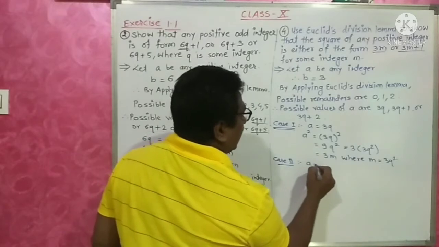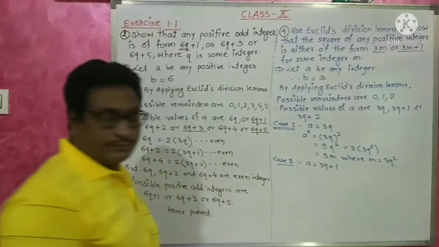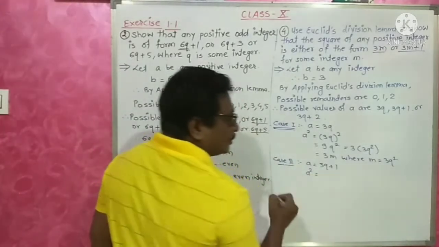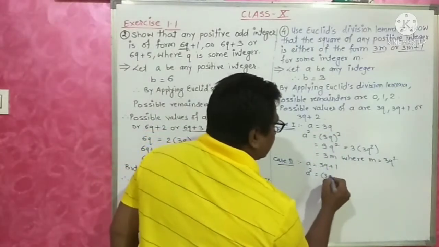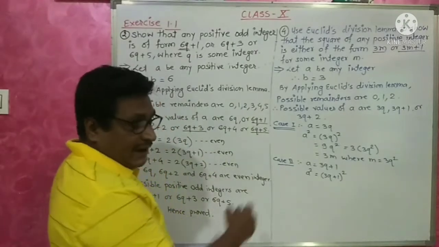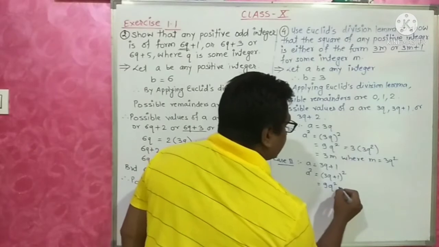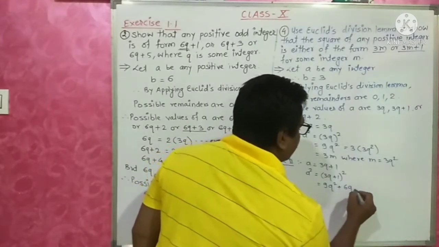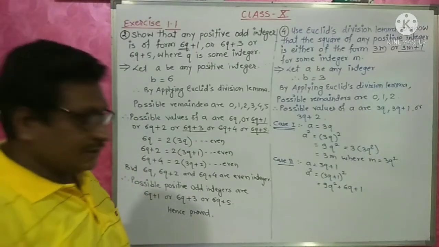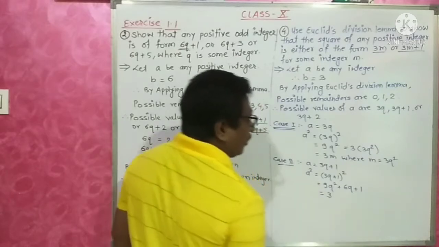So now case 2. What is case 2? A equals 3q plus 1. So the same, a square, square is there. So what will we get? 3q plus 1 whole square. Use the identity and simplify. 9q square plus 6q plus 1. Got it? So now here what is common? 3 common.